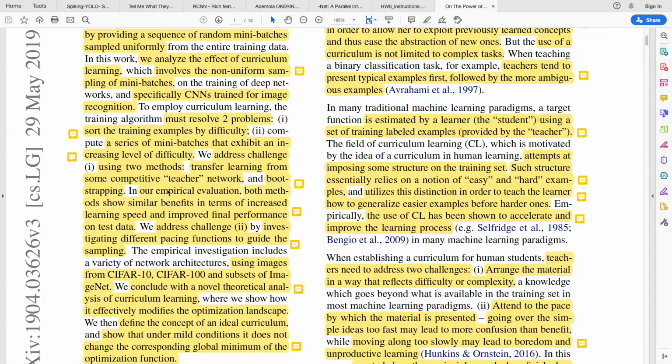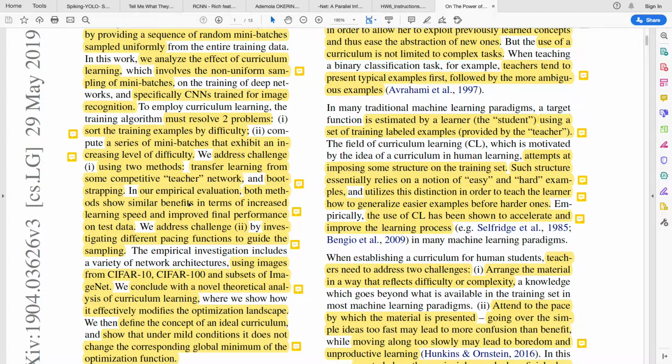Another problem is how do we compose a series of mini-batches that exhibit an increasing level of difficulty? That's another challenge, because if you're conversant with neural networks, when you feed your training examples into your network, you don't feed them all at once.